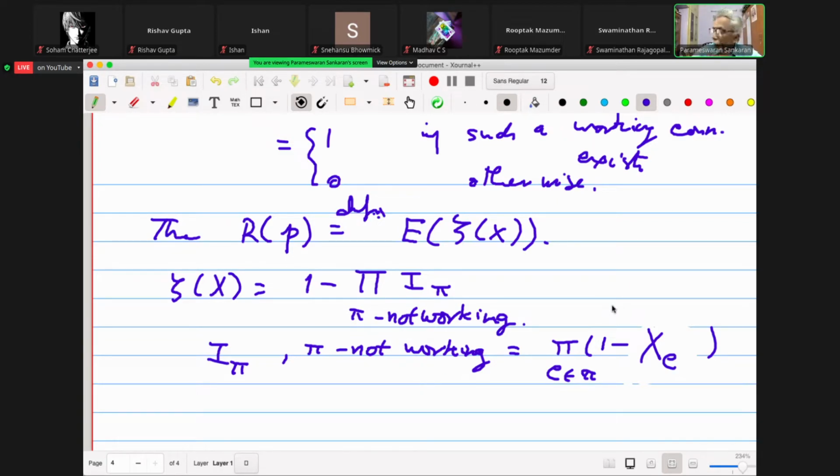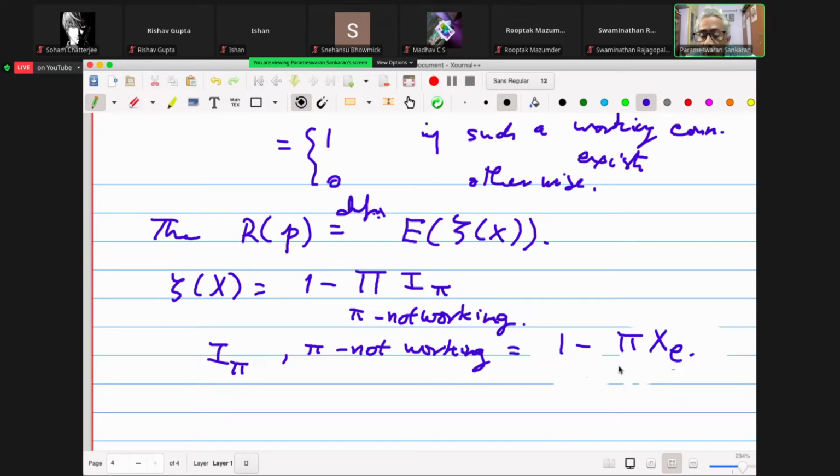At least one of the edges is not working. So it must be the product of xe equals this. So 1 minus product of xe. That is what I wrote first. This is not correct. 1 minus product of xe.